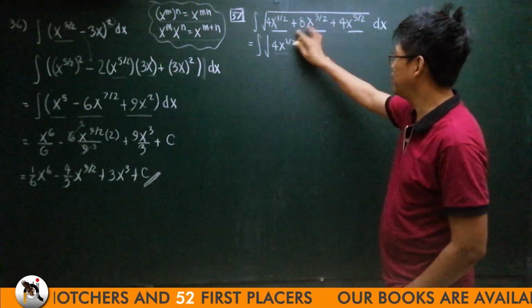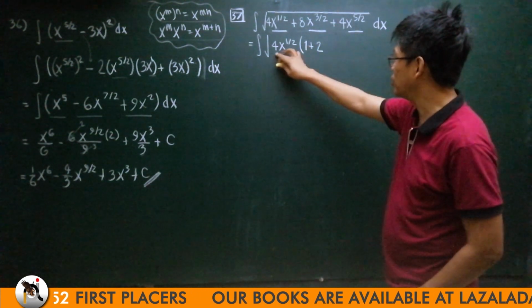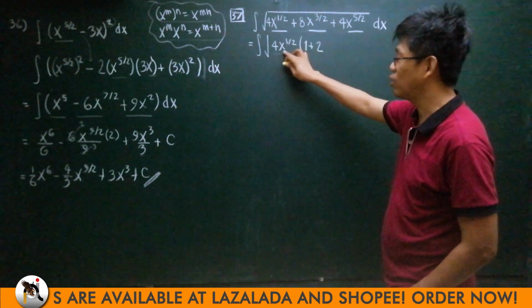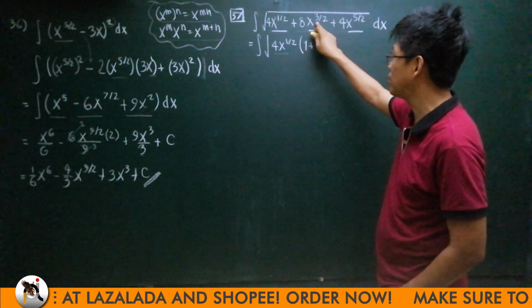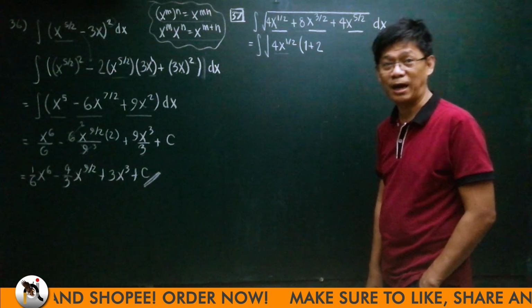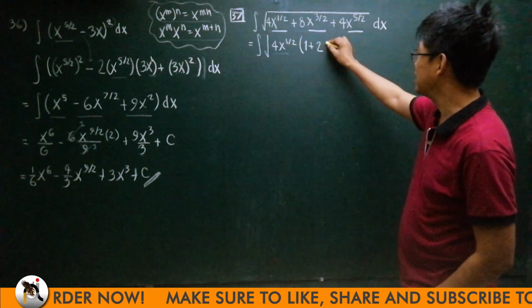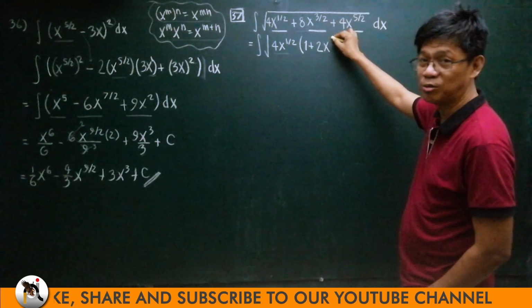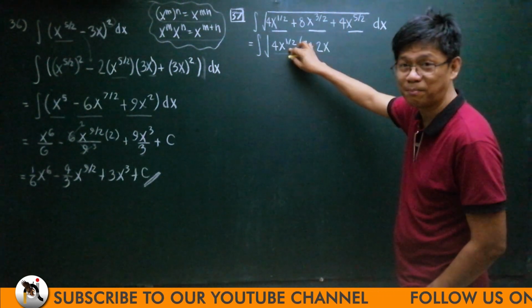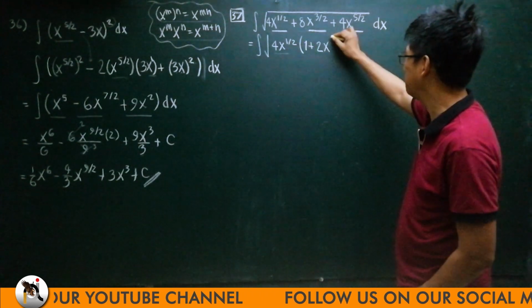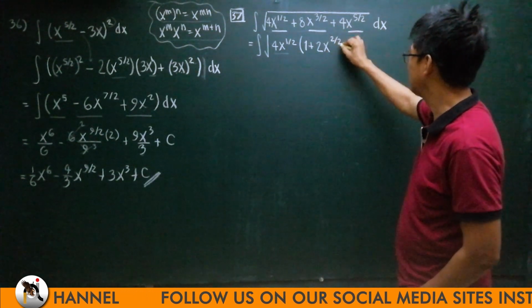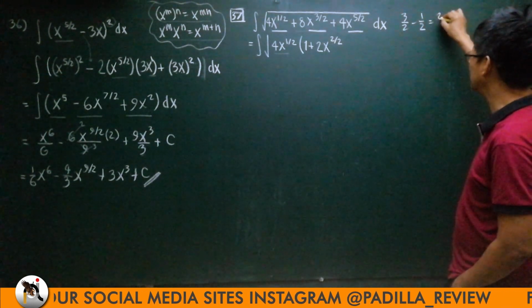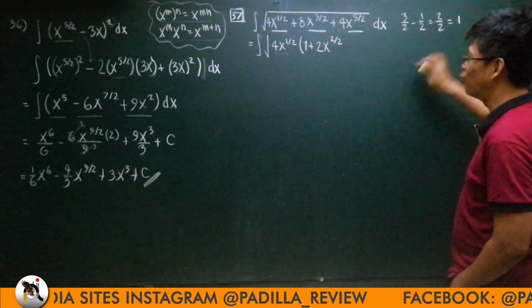Plus, 8 divided by 4 is 2, so that 4 times 2 is 8. x to the 3/2, we factored out x to the 1/2, so that is x to the 3/2 minus 1/2. That is 3/2 minus 1/2, 2 halves, or that is 1.